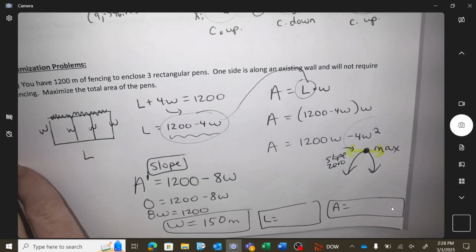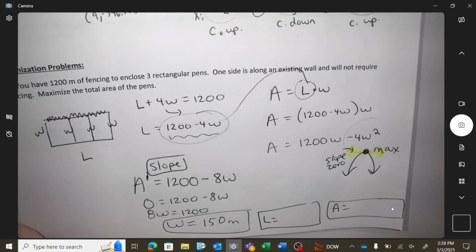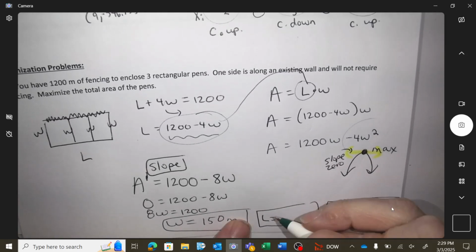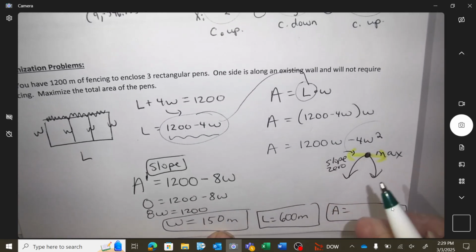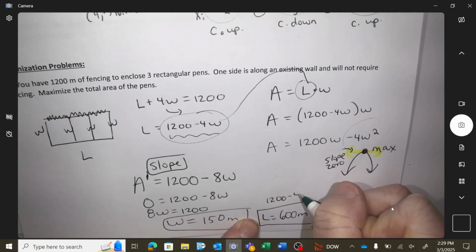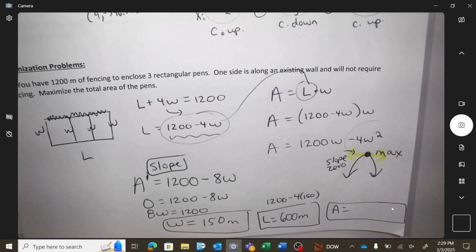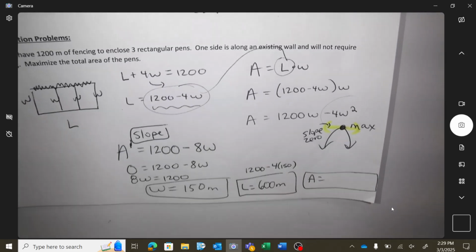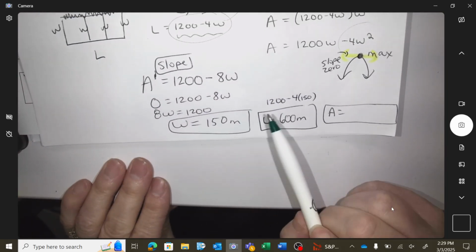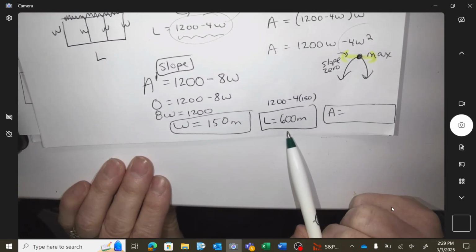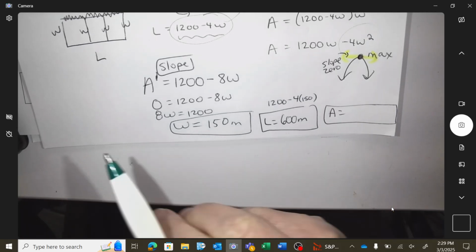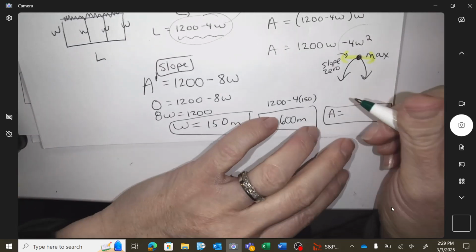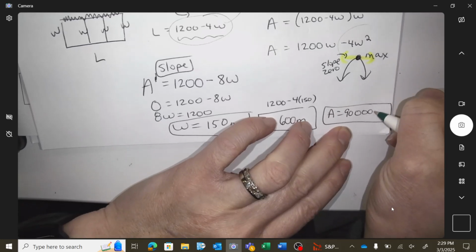That would have been another way. Okay, so 1200 minus 4 of those widths, so there's my length, and your area should have been 90,000.